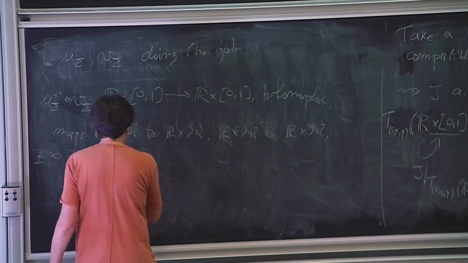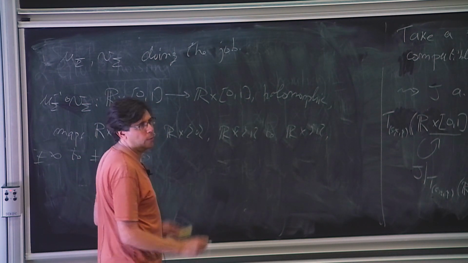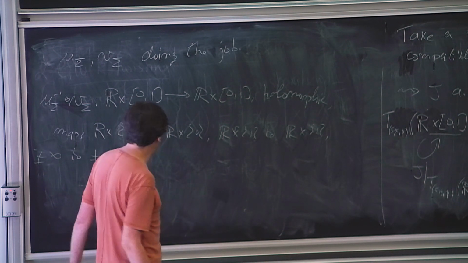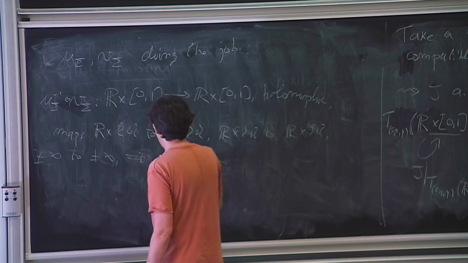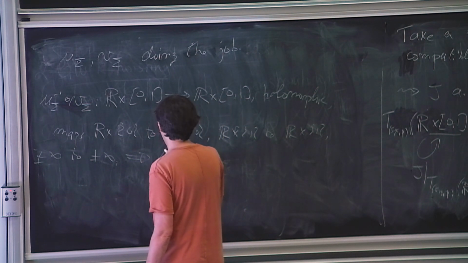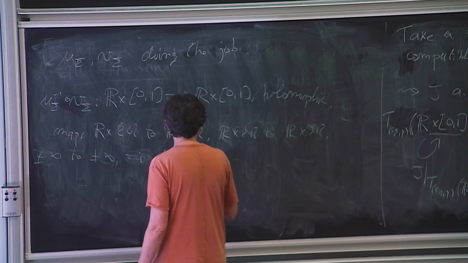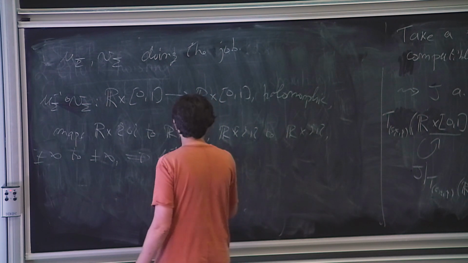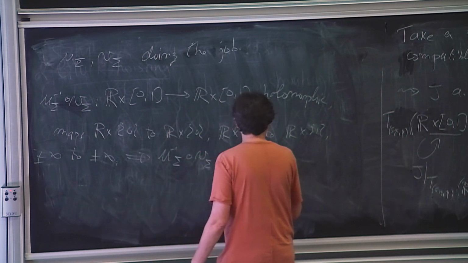So this implies, from some elementary complex analysis, which I'm not able to do at the blackboard, but you look at the automorphisms of the disk and you see that, this implies that U sigma inverse composed with V sigma is a translation.